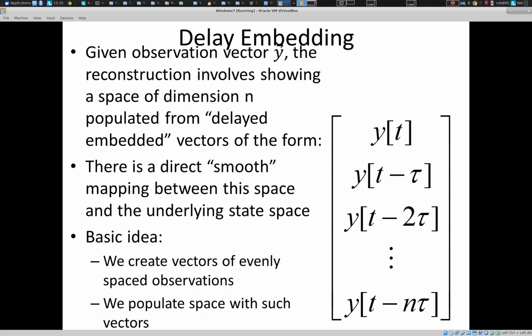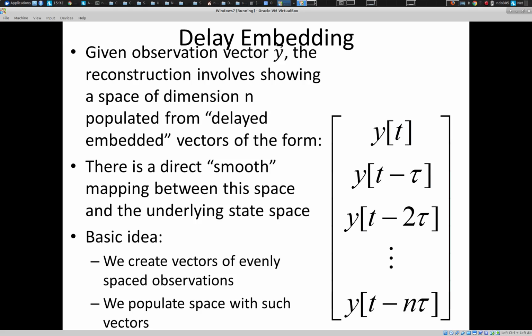Okay, so we observe y, which is just one element of the system. Maybe it's the value of a stock. Maybe it's the value of a flow. We observe y over time, and it turns out we can reconstruct the system.